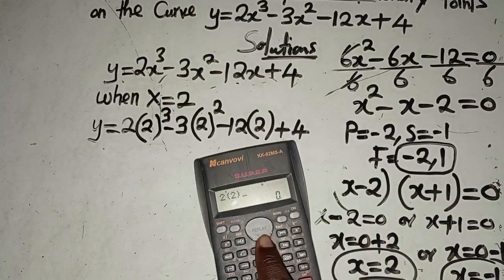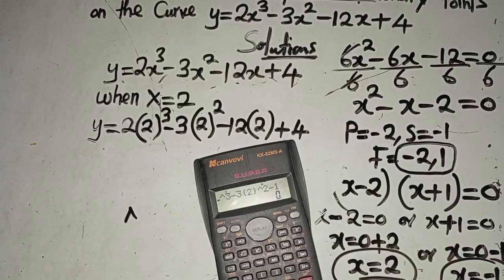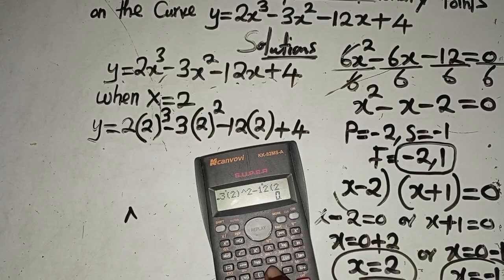I guess you are able to see this thing here. That is the power. So I say power 3 minus 2, open bracket, 2, close, power 2, minus 12, open bracket, 2, close, plus 4.